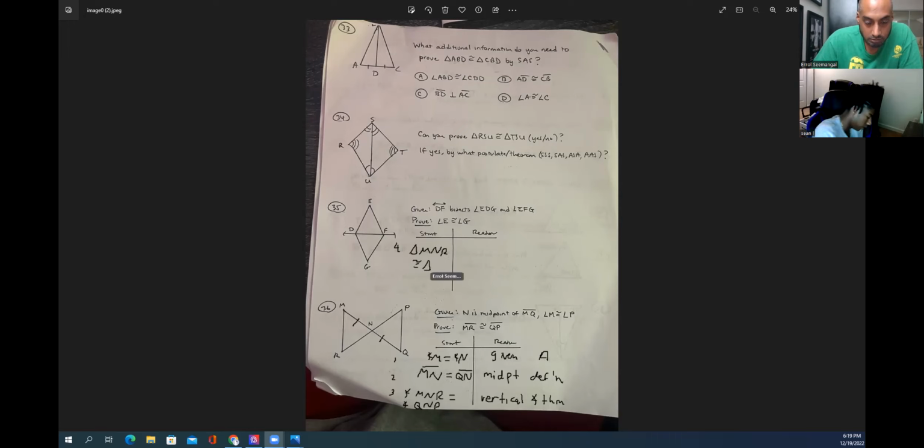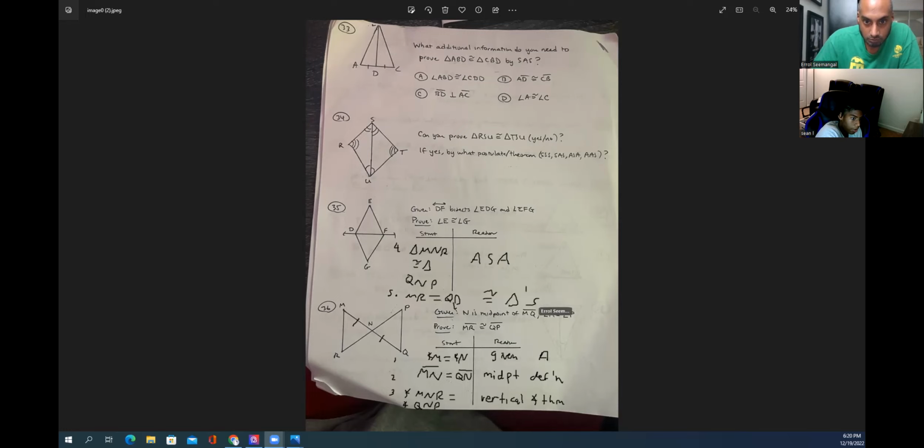Triangle what? Congruent to QNP. There you go. By what? ASA. Yeah. And then number 5 is therefore MR is equal to QP by what? Because the triangles are congruent.